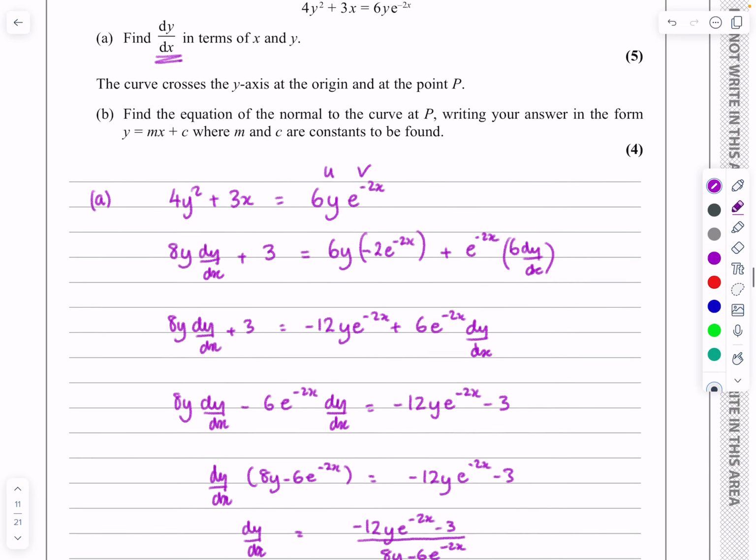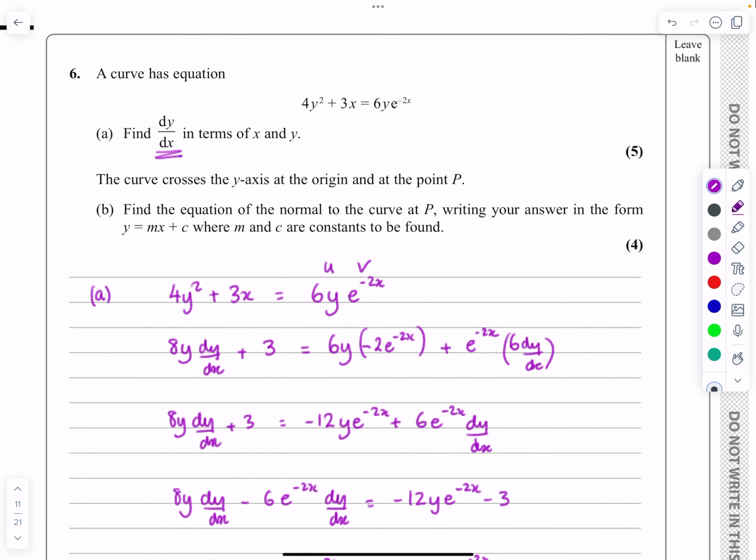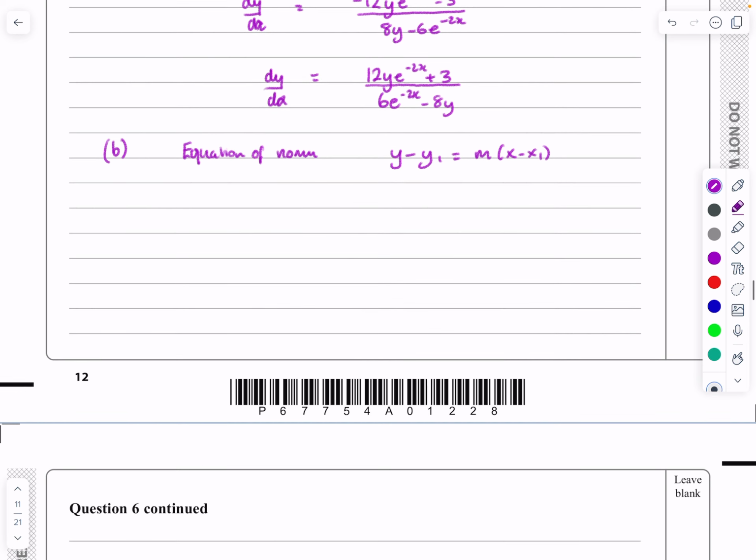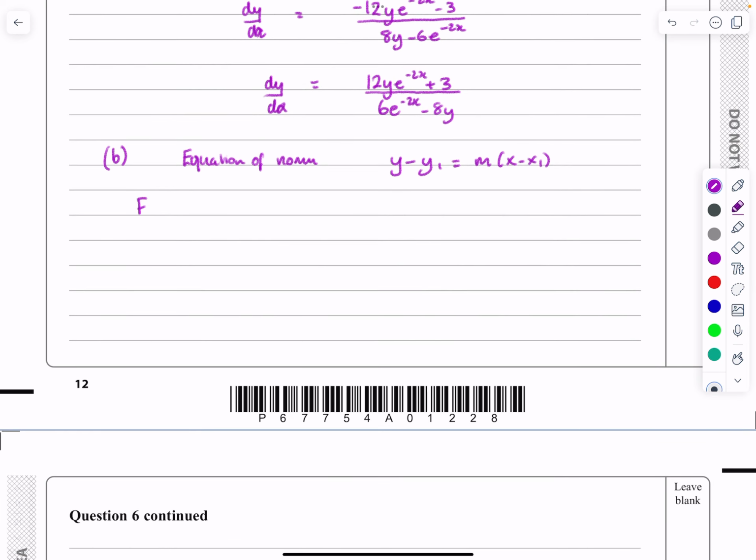Let's go back and look at the question. It says the curve crosses the y-axis at the origin and at the point P. So it's where it crosses the y-axis, and if it's where it crosses the y-axis, then we know x is equal to 0. So for P, x is going to be equal to 0, and what I need to do is work out what y is.